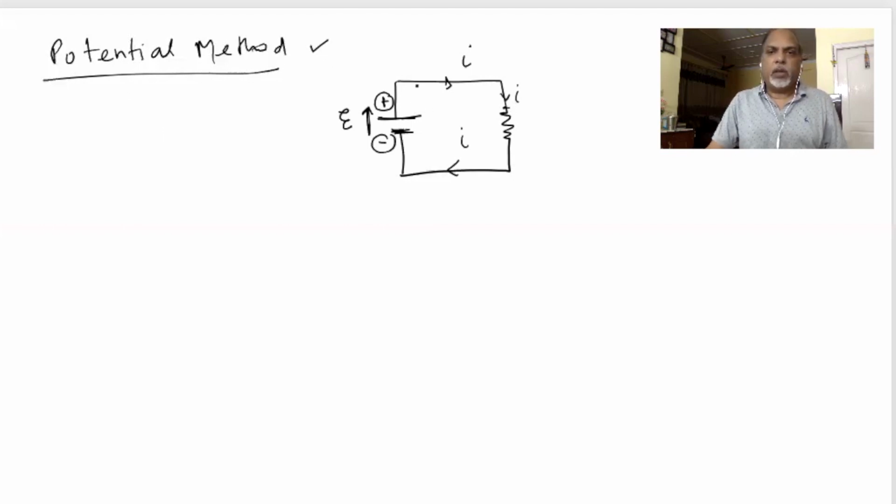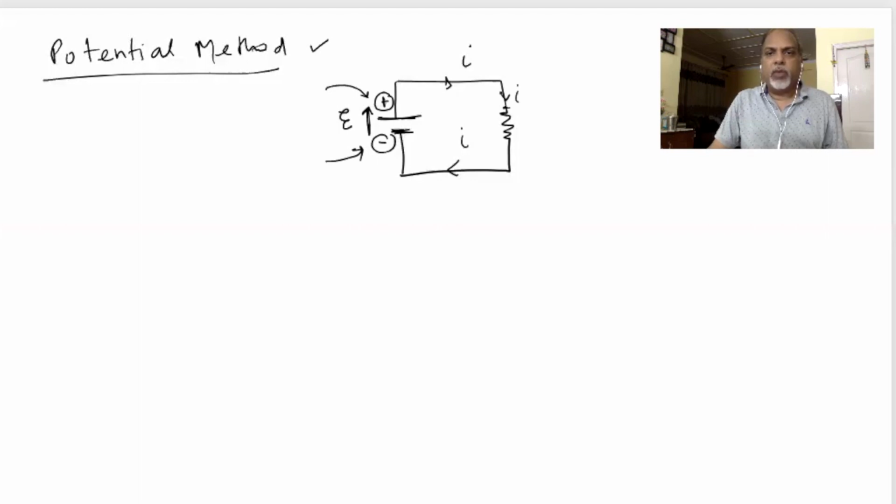Here this is a circuit and this is an EMF device. Please note that this is at higher potential and this is at lower potential, and this arrow is always marked from minus to plus.